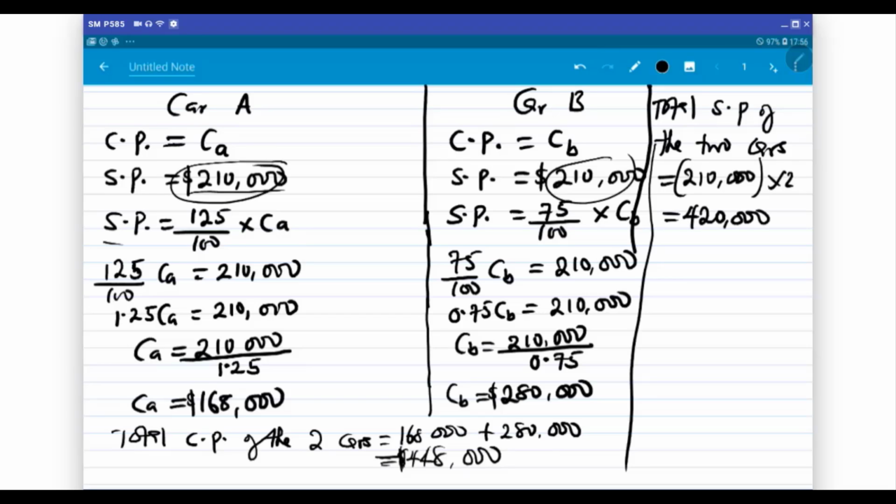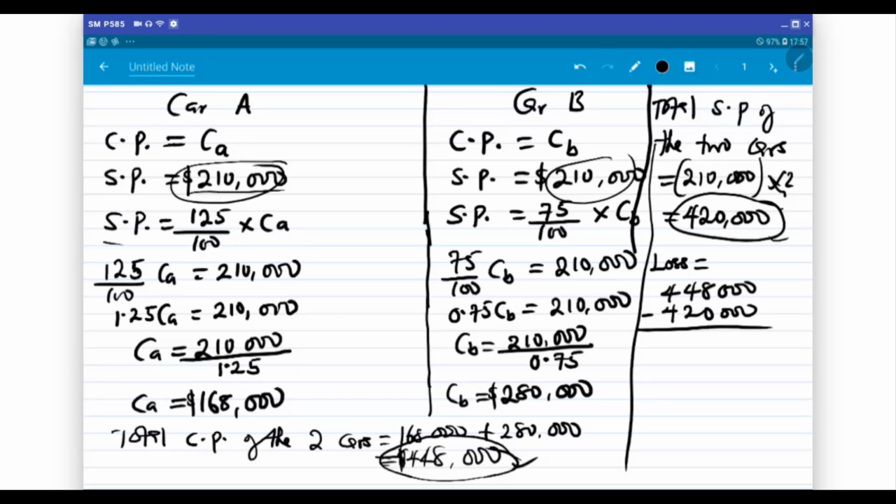Now, profit or loss, you can see total cost price 448,000, total selling price 420,000. Which one is bigger? Cost price is higher than the selling price. So if cost price is higher than your selling price, what does that mean? Then there is a loss. So what's the loss? The loss will be equal to the cost price 448,000 minus the total selling price 420,000.